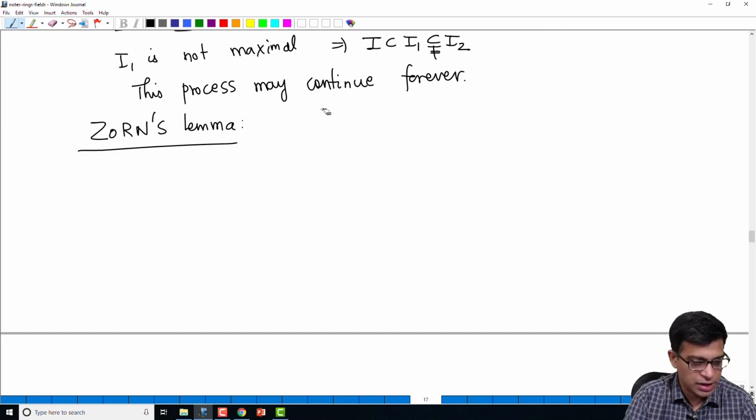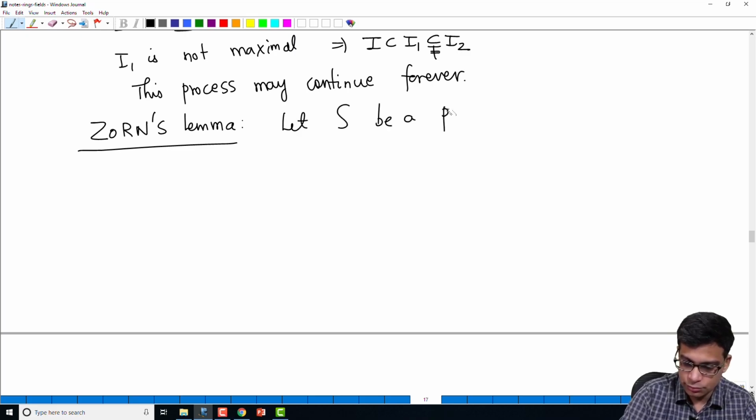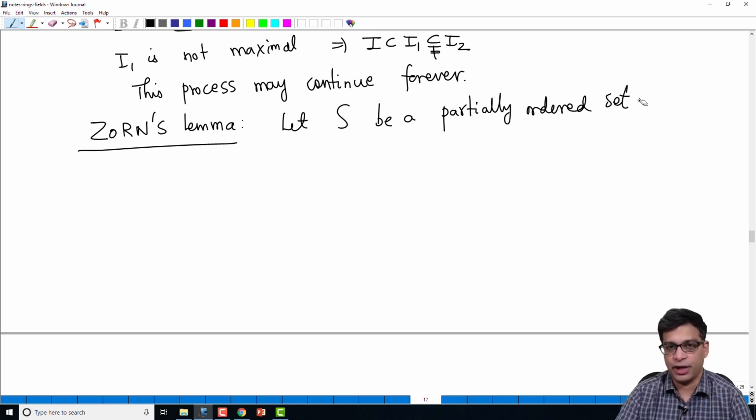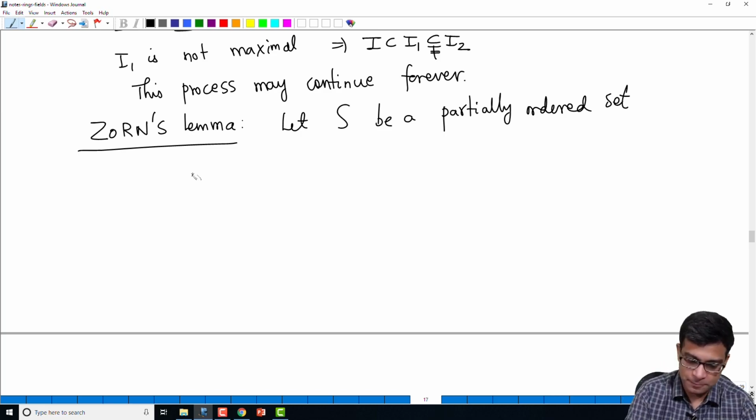Zorn's lemma says that, and I'm going to use some notation from set theory. Let S be a partially ordered set. That means there is an order on this, but it's a partial order. That means not every pair of elements can be compared.